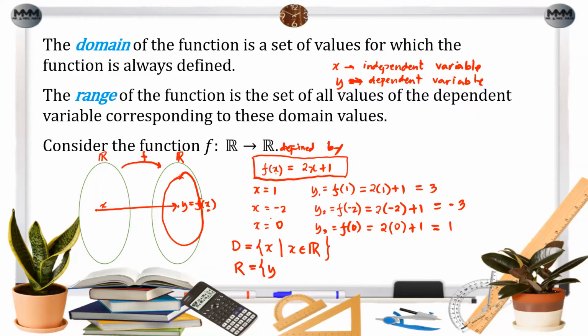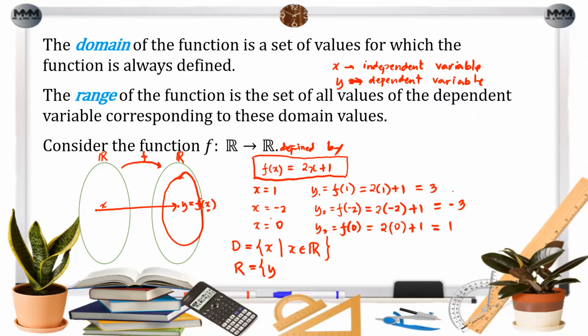Now, as you can see in our defined function here, whenever we assign a real number to x, our function is always defined. Since our domain is R here, the set of real numbers, if you're going to assign values, we have assigned here, the answer is 3, -3, 1, and many more.